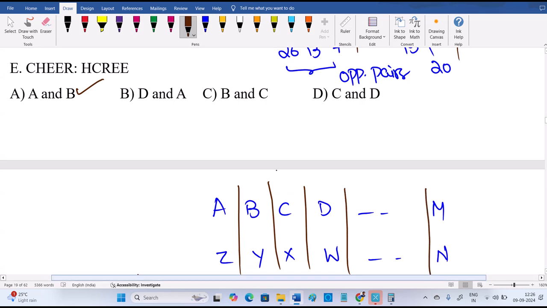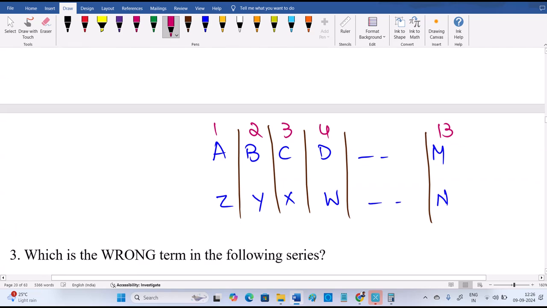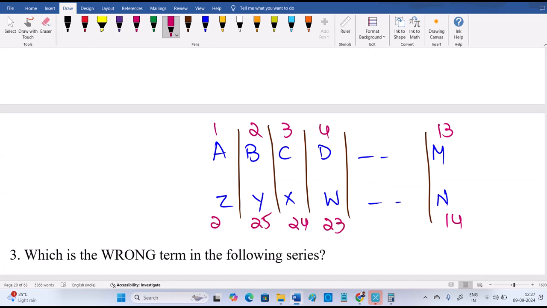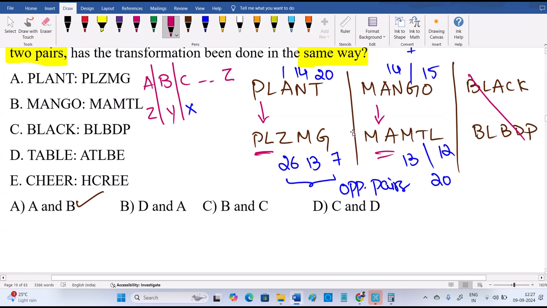These are opposite pairs. In fact, this is 1, 2, 3, 4, and so on up to 13, N value 14. And wrong term related also, right? So see the next one. You can observe clearly 27, 27, 27. WD or DW 27, MN or NM 27, like that. This is actually called opposite pairs. A and B.